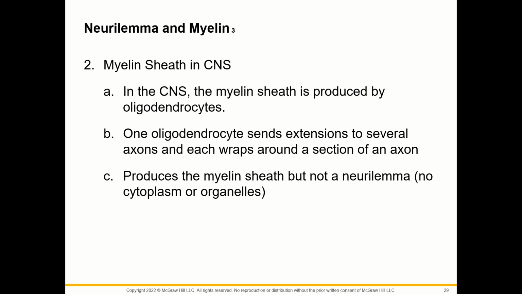And this is very interesting to note because remember how I said that the neurolemmocyte or Schwann cell can regenerate axons if there's been an injury? Well, in the case of the oligodendrocytes, they cannot. They do not regenerate. So that's why multiple sclerosis can be such a degenerative disease, because as these oligodendrocytes are affected and die, they cannot regenerate the axon nor themselves.